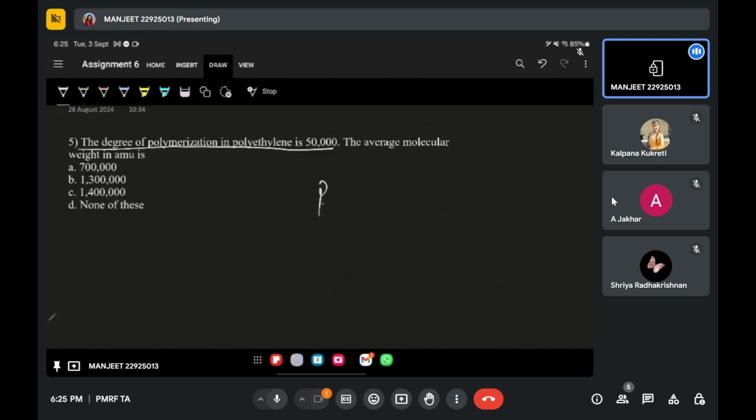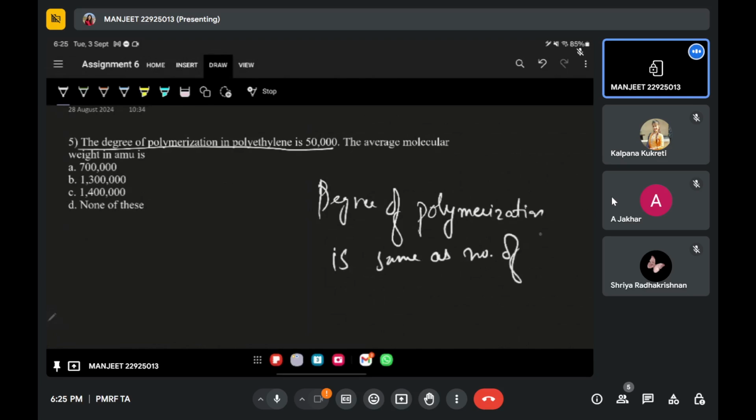The degree of polymerization is the same as the number of mer units in the polymer.